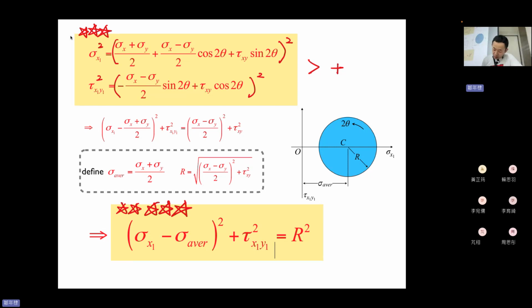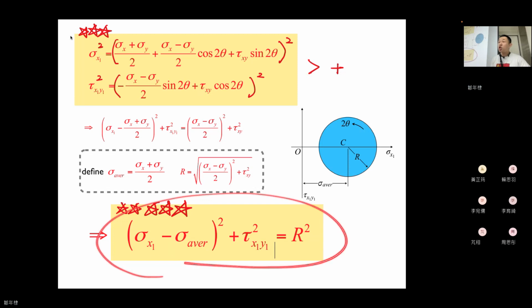You notice that sigma x1 and tau x1 y1 are unknown. What is unknown? They actually form a circle formula.